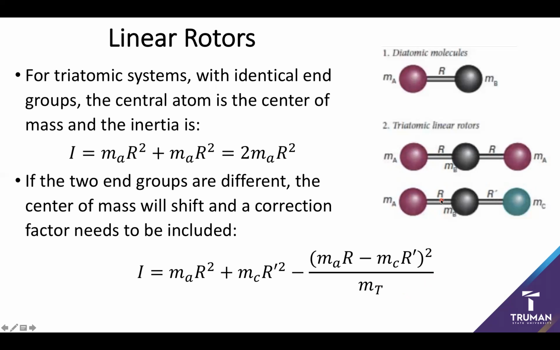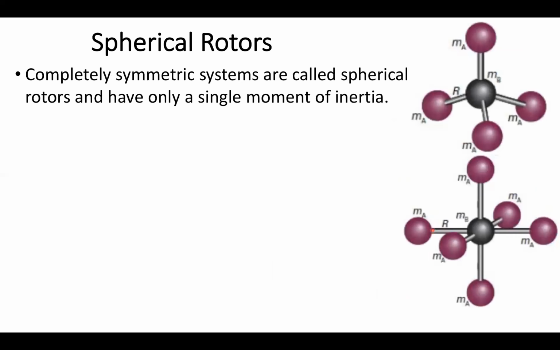However, it also turns out that not all molecules are going to be linear. So the next most complicated system is called the spherical system. So these are spherical rotors, and one of the ways you can think about it is that these things are going to be very symmetric, so the center of mass will actually be the center atom.